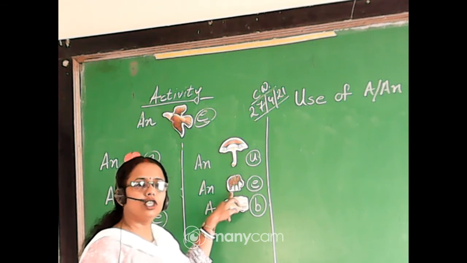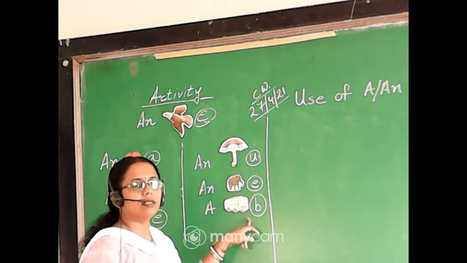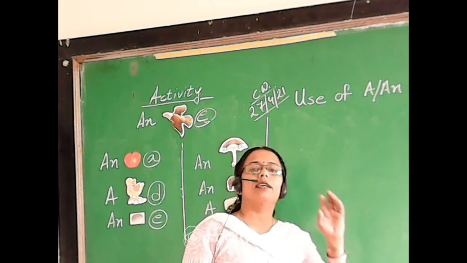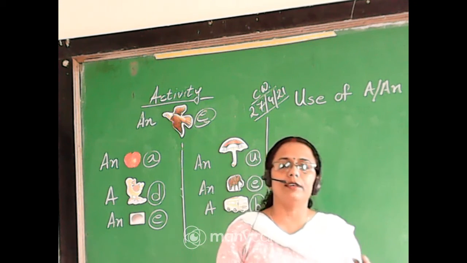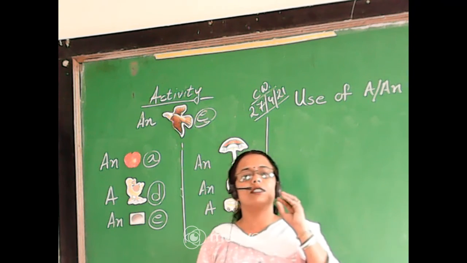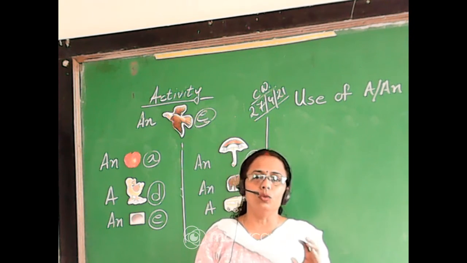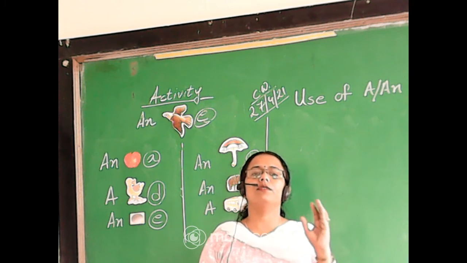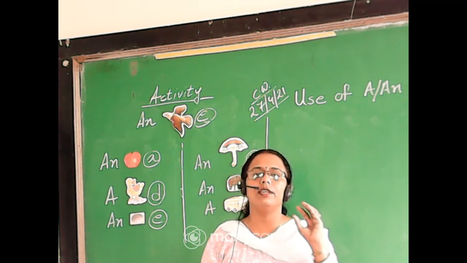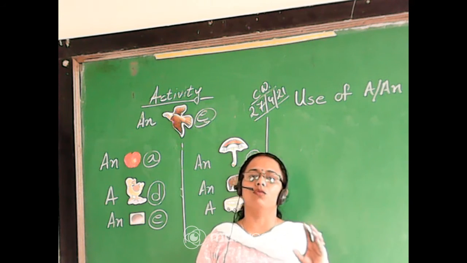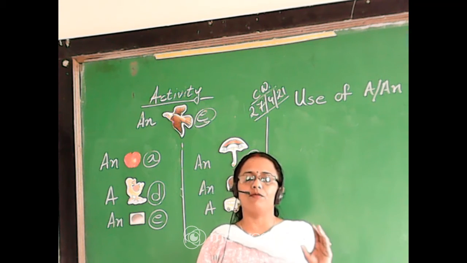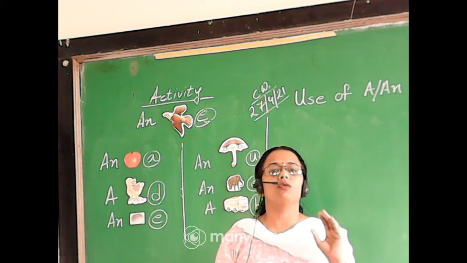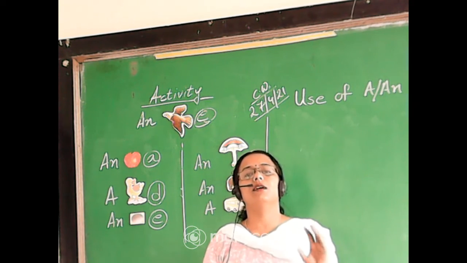An elephant. A bus. So here again the explanation is very clear: the words which start with A, E, I, O, U, we will place an before them, because for words which start with vowel letters or sounds, we place an before them, and for words which start with consonants, we place a before them.